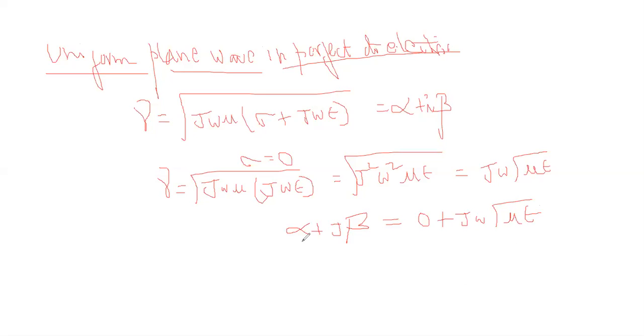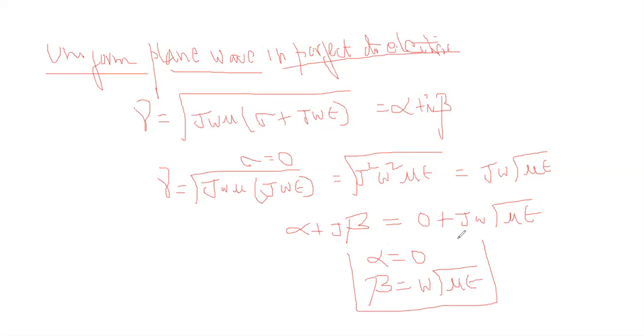So now what is alpha when equating these two functions? The attenuation constant is 0 and beta, the coefficient of the imaginary, is omega under root of mu epsilon.